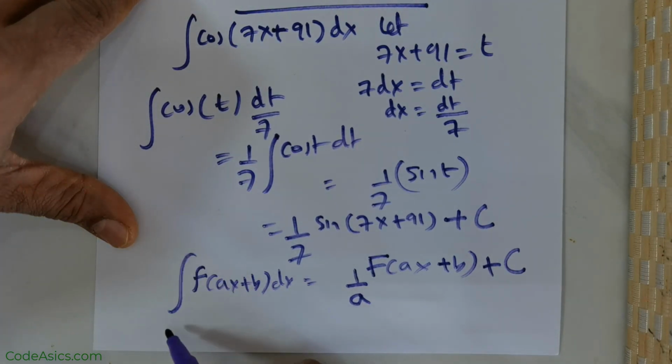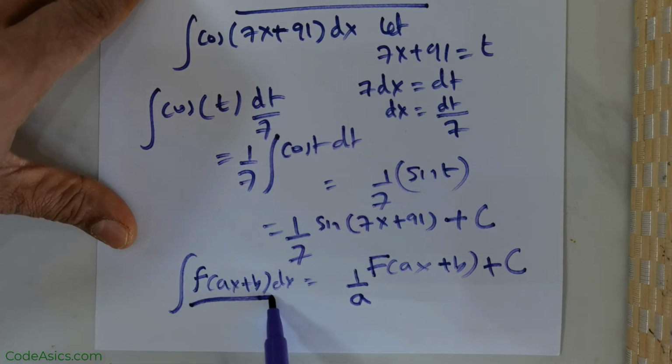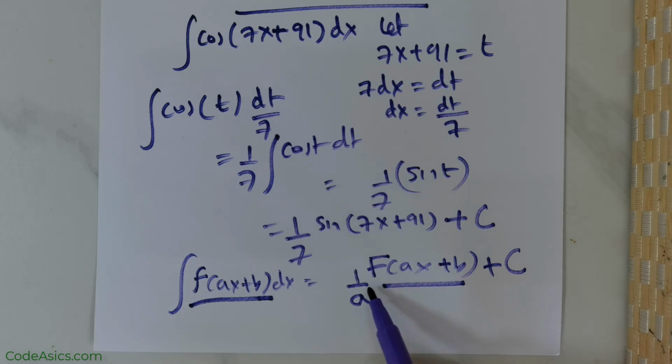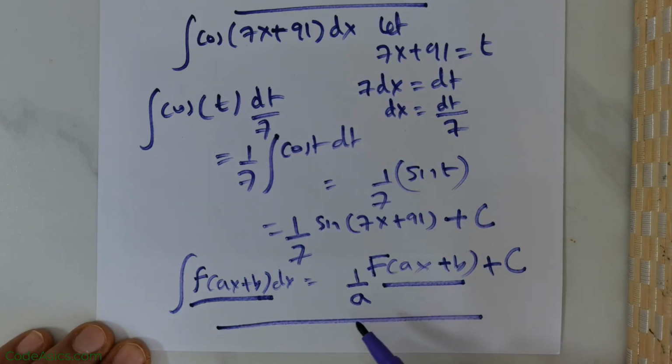So if you have a function like this, then that is nothing but the integration of this quantity. That is what is presented here. If the coefficient of x is a, you multiply by 1 over a. If the coefficient of x is b, you multiply by 1 over b. If the coefficient of x is alpha, you multiply by 1 over alpha. So that is the idea behind using the formula.